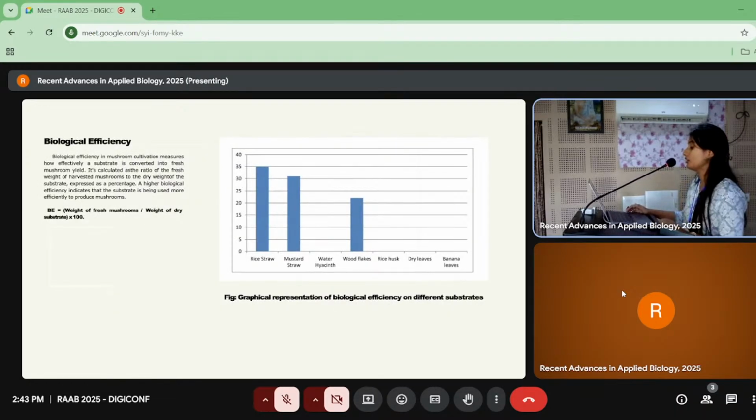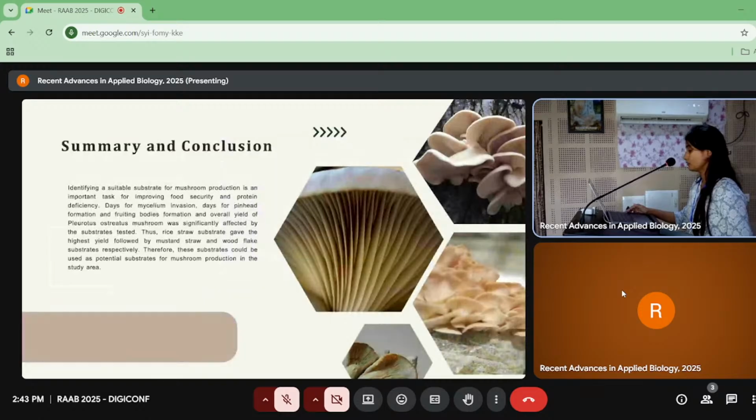Then talking about biological efficiency, rice straw showed the highest, followed by mustard straw. And once again, water hyacinth, rice husk, dry leaves, and banana leaves showed the lowest. Identifying a suitable substrate for mushroom production is an important task for improving food security.